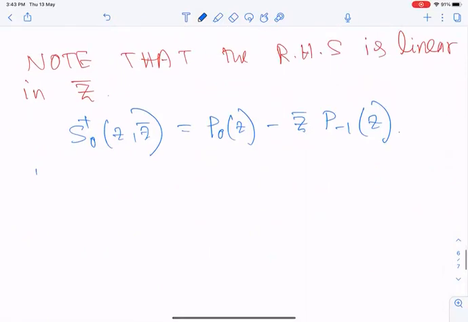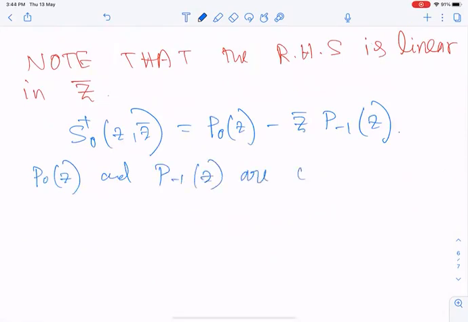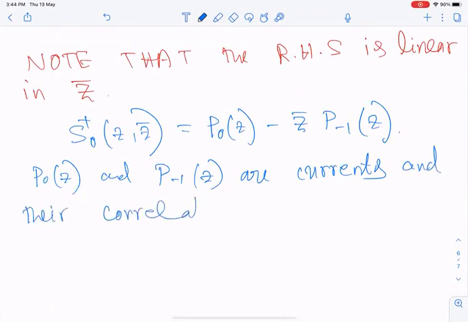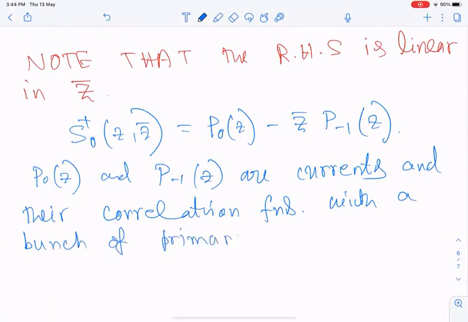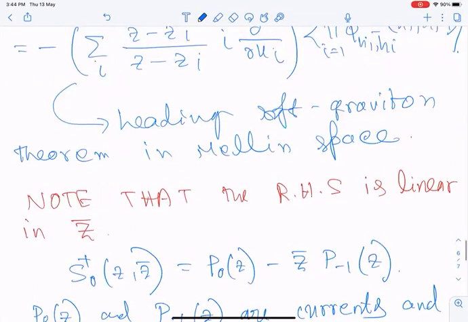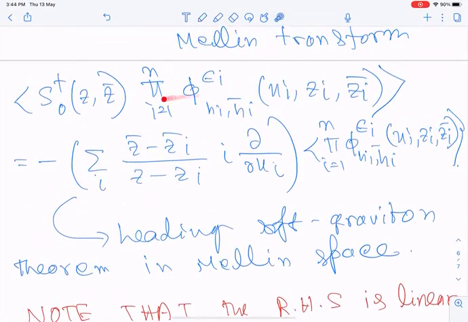And so this P0(z) and P minus 1(z) are currents, and they are correlation functions with a bunch of primaries. You can read this out from this soft theorem written in this form.